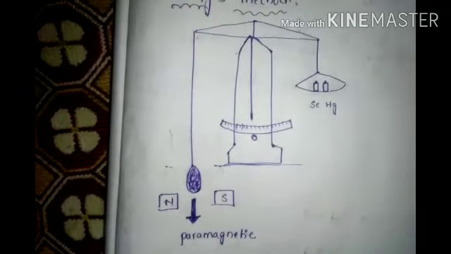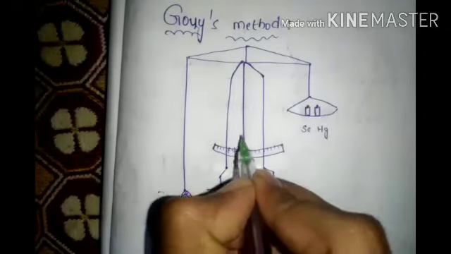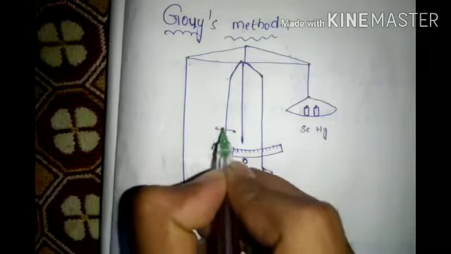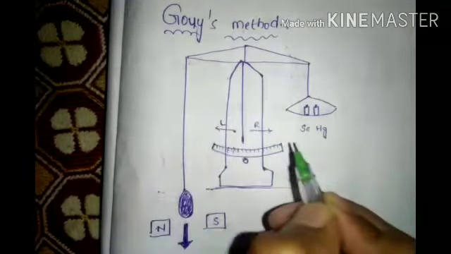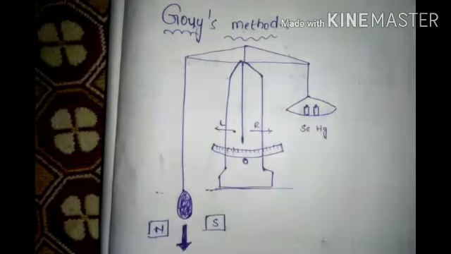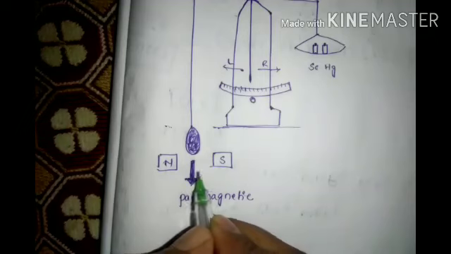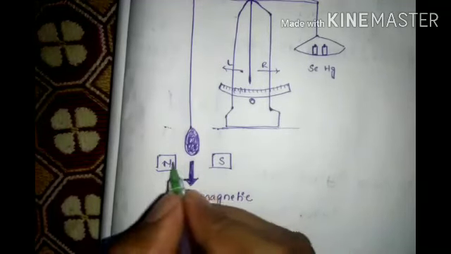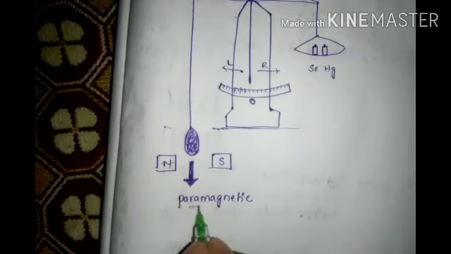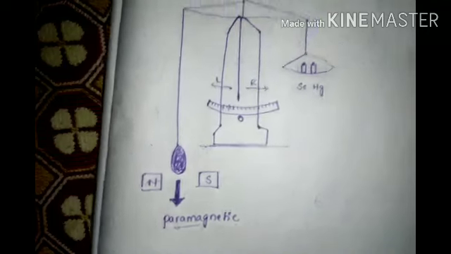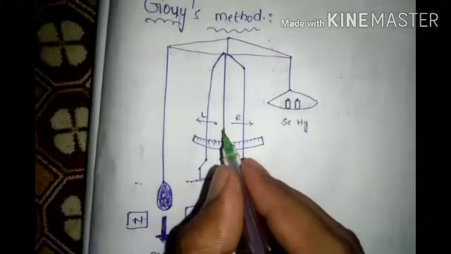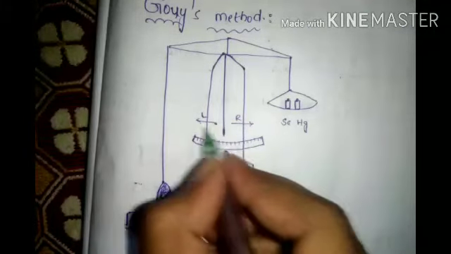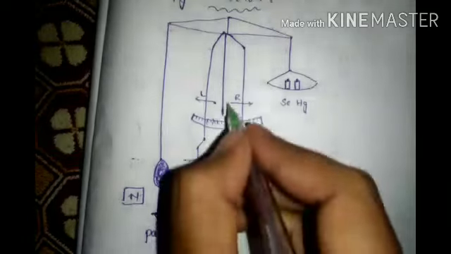Paramagnetic. Simply, if the pointer is going to one side and the sample is attracted, coming inside between the north and south poles, this is called paramagnetic. For a paramagnetic metal, the weight is coming down.